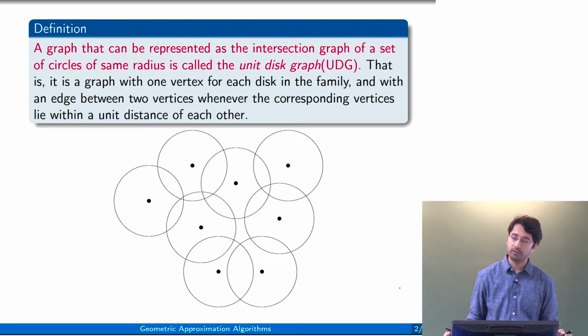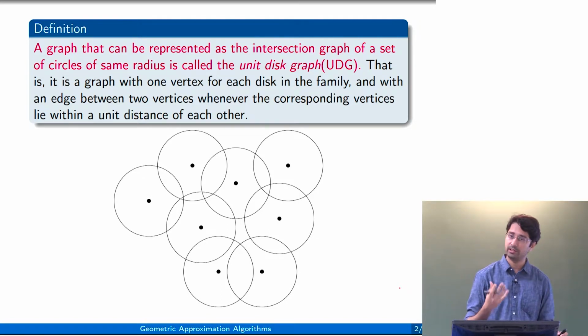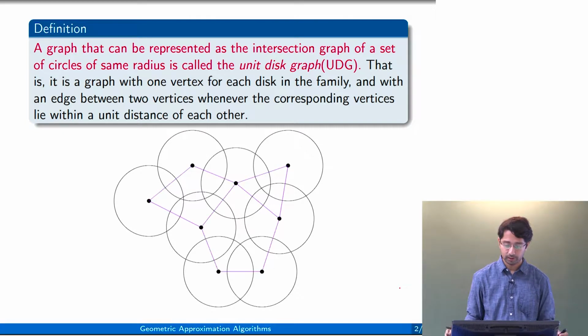There are two versions of the unit disk, where the radius is 1 or where the radius is 0.5, but you can change it accordingly. More or less the point is the radius of each disk is the same, and there is an edge between two disks if they intersect. So, for example, for the given set of disks, this is the unit disk graph that you will get. Clear?